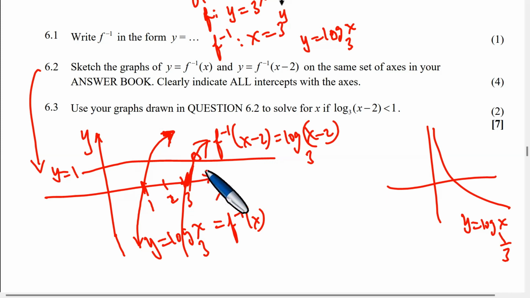Anyway, because yeah, you need to look at that. So obviously, because here this one is not drawn to scale, you can't see that here, but you should be able to get the answer to 6.3.